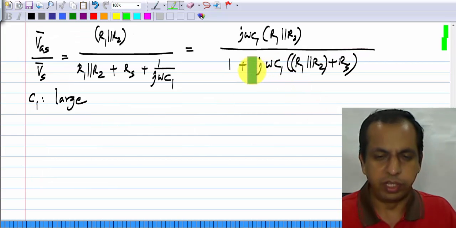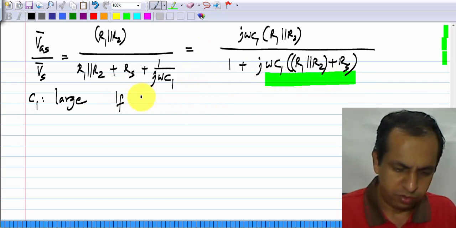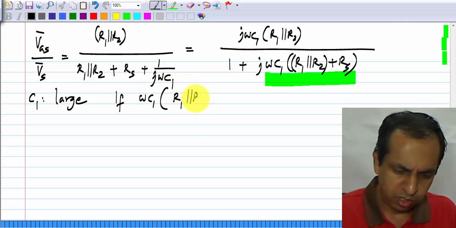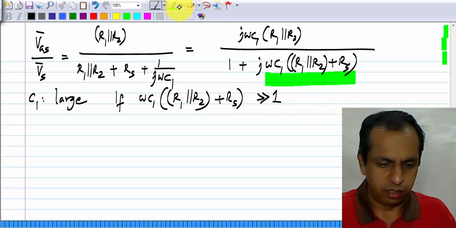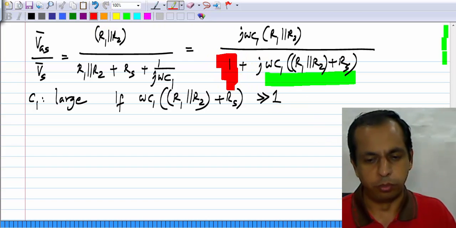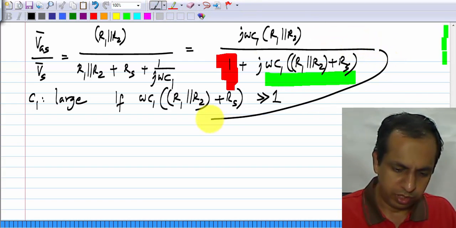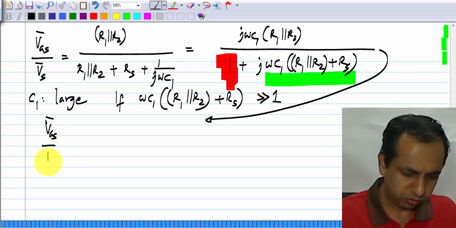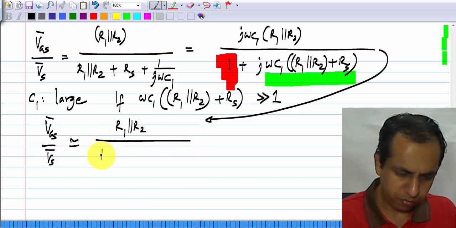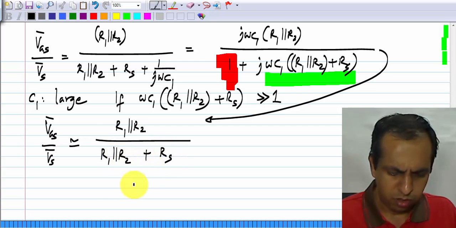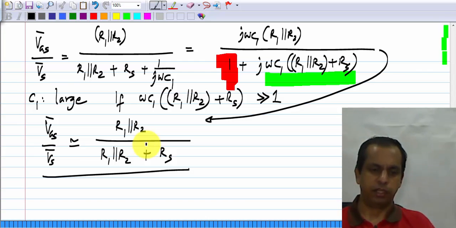And here we can very easily see that if omega C1 times R1 parallel R2 plus Rs is much more than 1, then we can simply neglect this 1 in the denominator, and this j omega C1 will cancel out, and this expression will reduce to R1 parallel R2 divided by R1 parallel R2 plus Rs, which is the resistive divider expression.